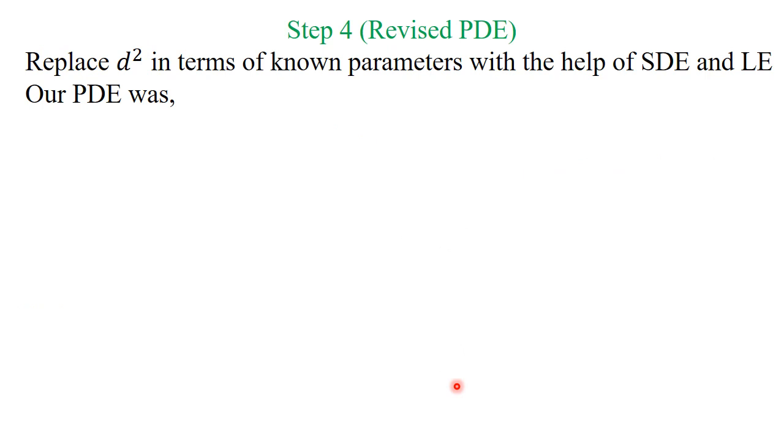So the next step will be to replace this d square which you find in the PDE. So the PDE, primary design equation, was weight W is equal to rho into G into pi by 4 d square into L. So d square is unknown, L is unknown.